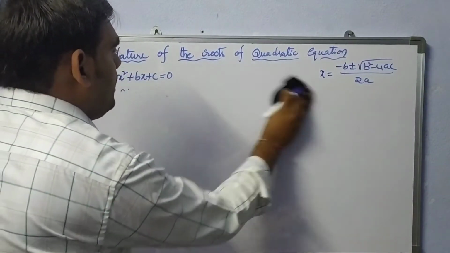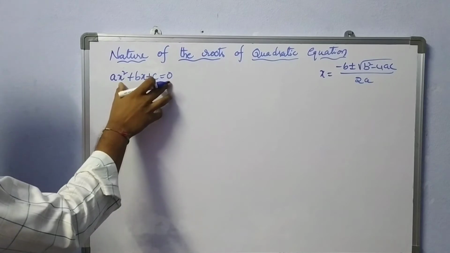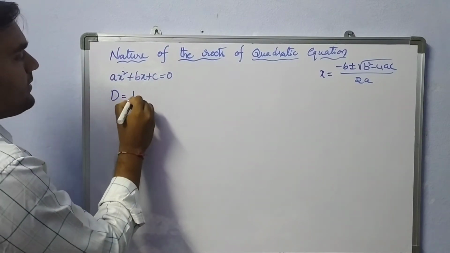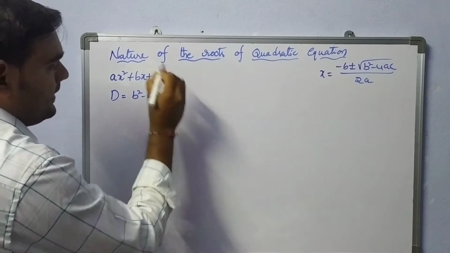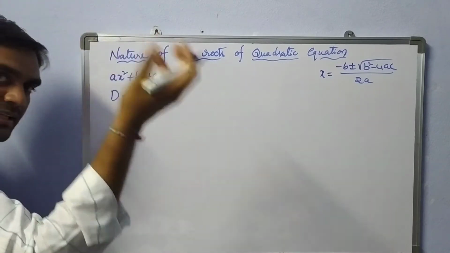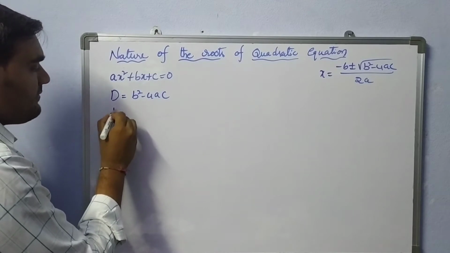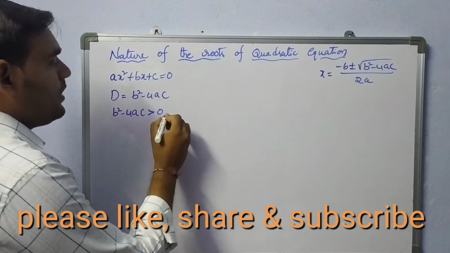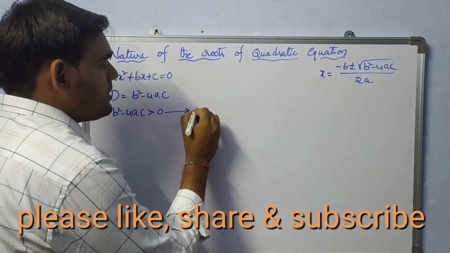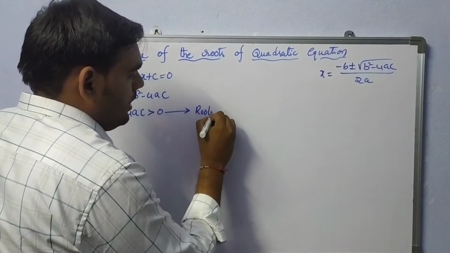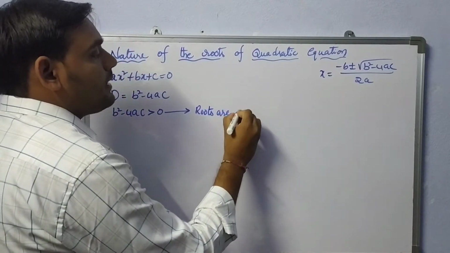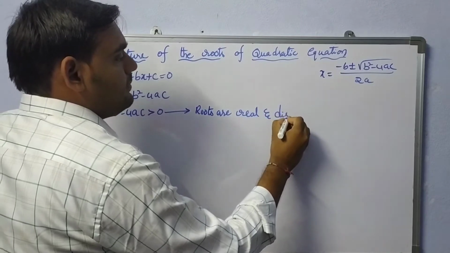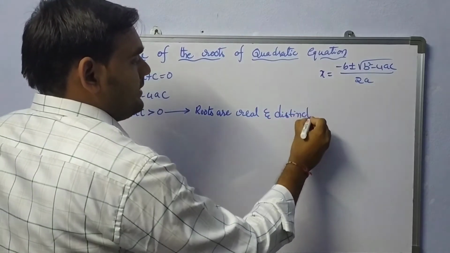If I give you a quadratic equation, we need to find the discriminant, that is D. D is equal to b square minus 4ac. If the value of this is greater than 0, at that time roots are real and distinct, isn't it?